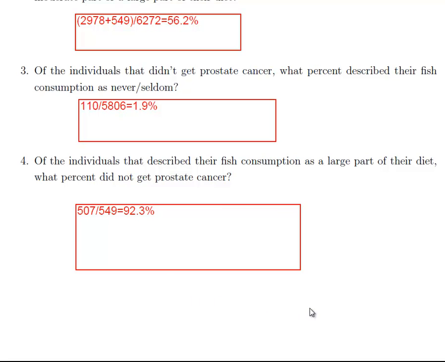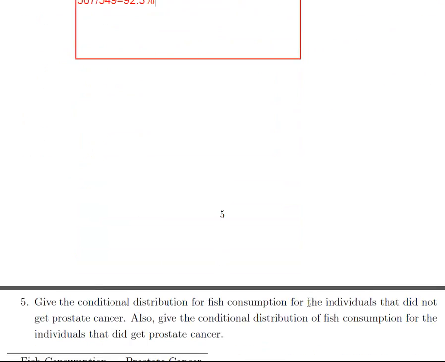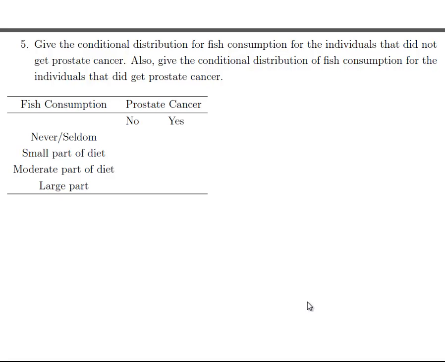So let's move on to the last question. I want to give the conditional distribution for fish consumption for the individuals that did not get prostate cancer. So what that means is I want the distribution or the percent that fall into each category for fish consumption, but I'm limiting it to the people that did not get prostate cancer.